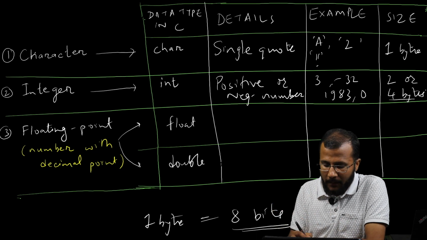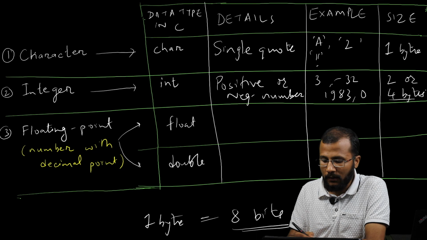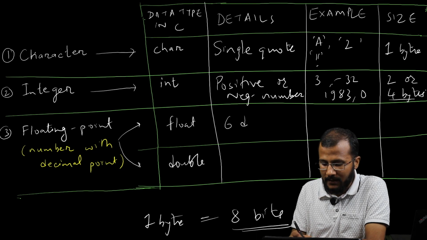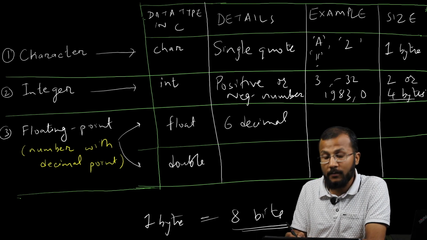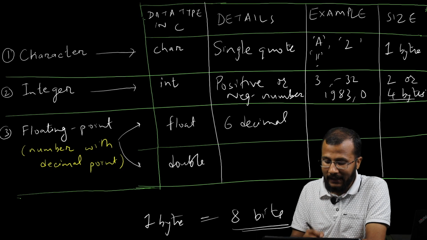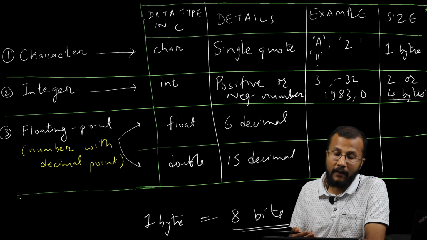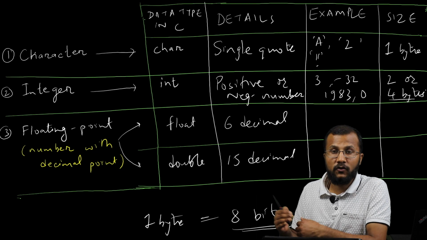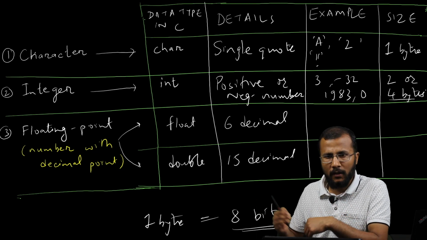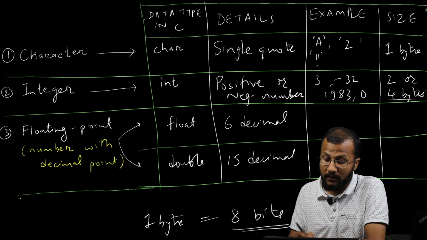A float is capable of storing a number with up to 6 decimal places after the decimal point, and a double up to 15 decimal places. So double has more capacity in terms of storing a number. It can store a very large number or a very small number with 15 decimal precision.